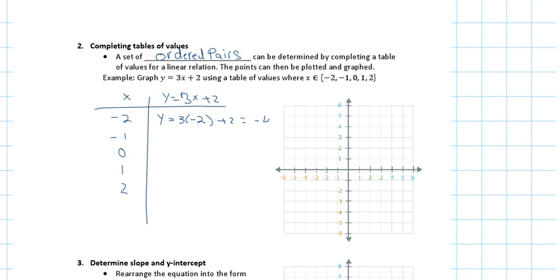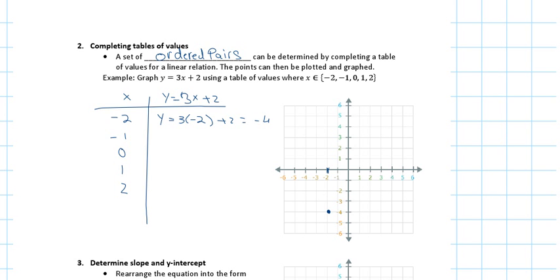So you know that when x is equal to -2, y is equal to -4. That's an ordered pair. That's a point. So I can locate that point on the graph. If I have -2 here on the x, I go down to -4, so my point is right here. Are we okay with that?